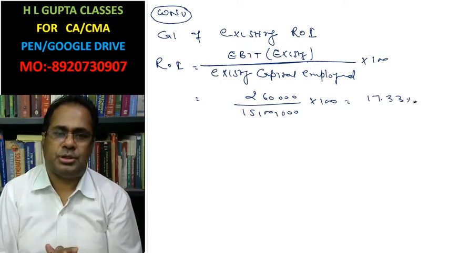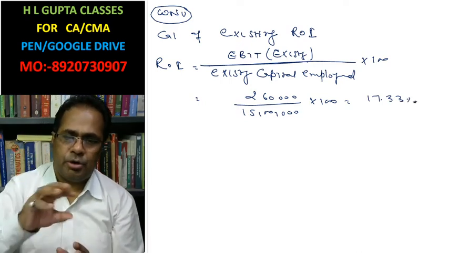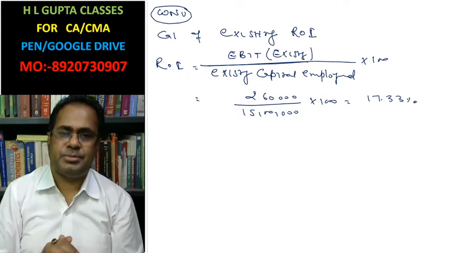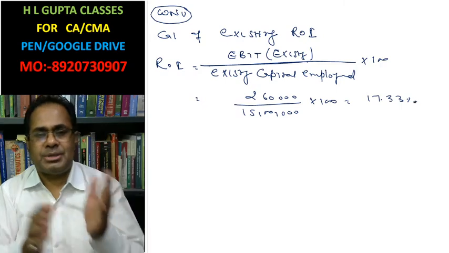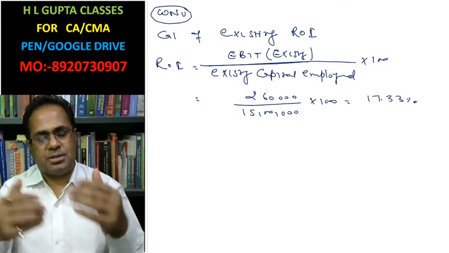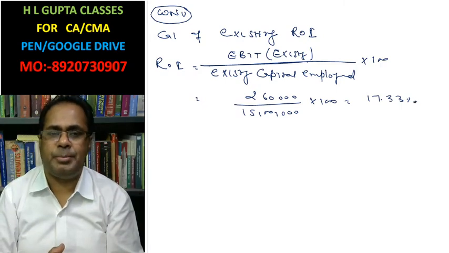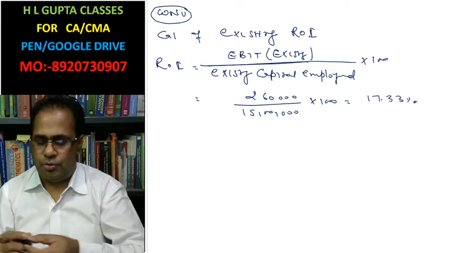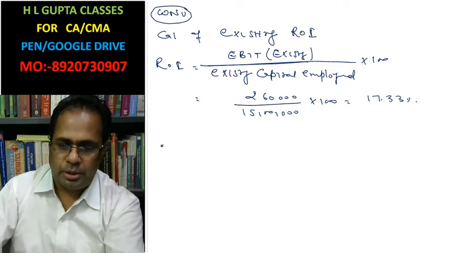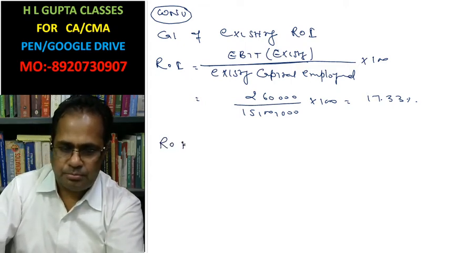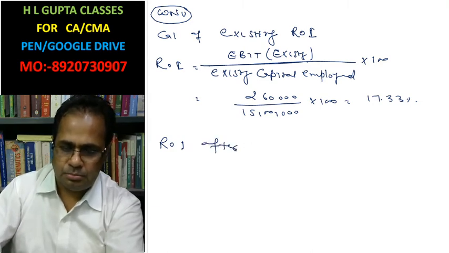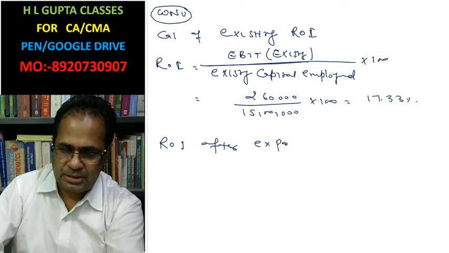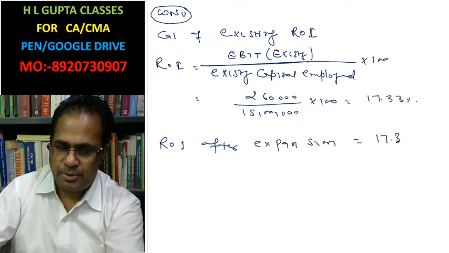As per the question, the existing return on investment will be equal to the return on investment after expansion. After expansion the same return on investment will be maintained. Therefore, return on investment after expansion will also be 17.33%.